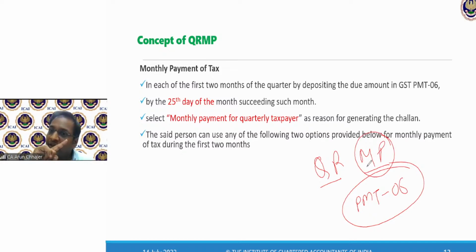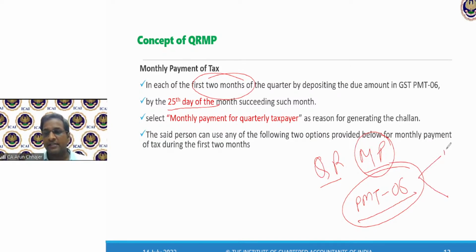If you are under QRMP, then how to pay the taxes? The payment of the taxes would be by 25th through PMT06. When you go to the PMT06, there are two options.